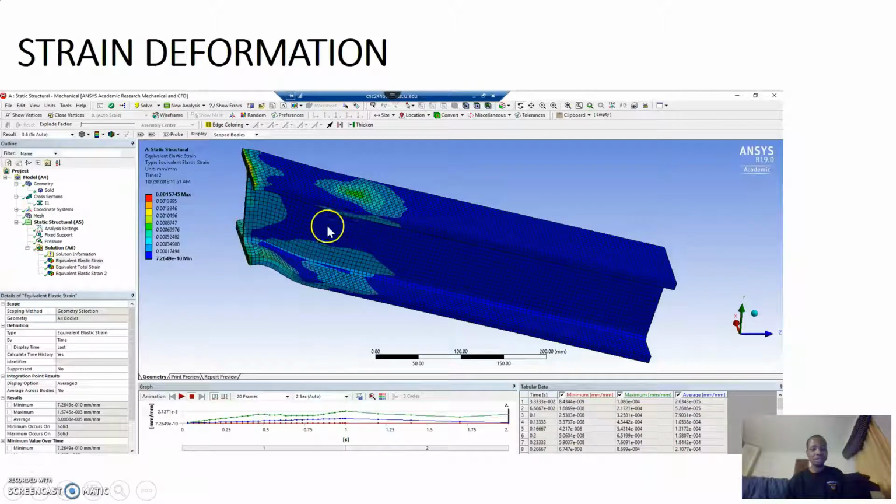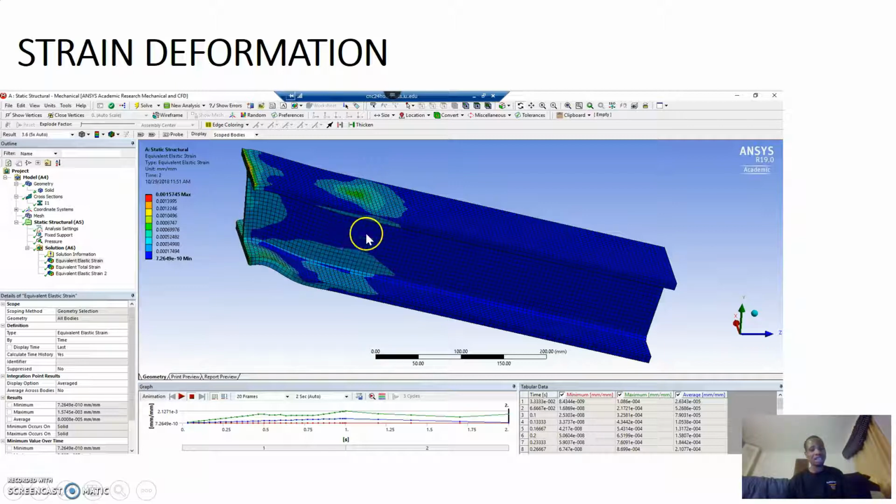I found out that my beam deformed plastically, and the condition that can make this happen is that the stress of this analysis is much higher than the strength of the material that I use.